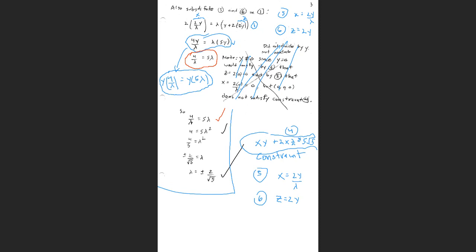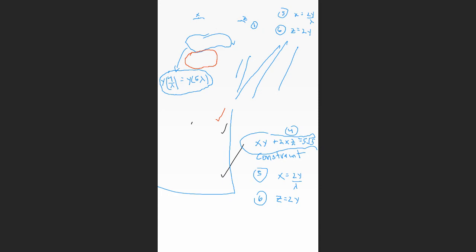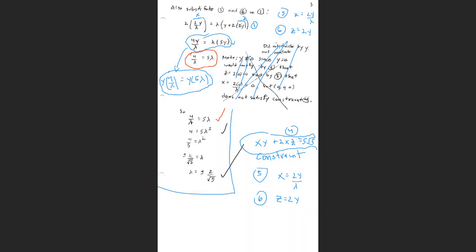And because I know what lambda can be, I can actually ultimately solve for these coordinates. Okay, so that's what we're going to do. Are there any questions before I go to the next page?